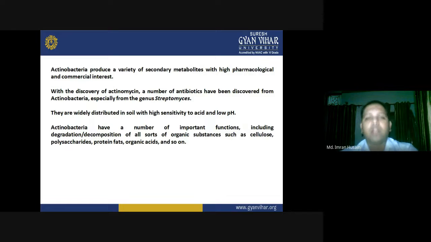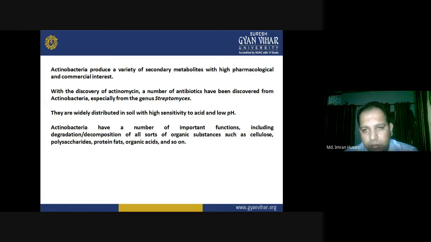So, given that scenario, we always need to secure some sort of new antibiotics that are very new to the pathogens, because pathogens will not be able to transform themselves into resistant species at a very fast pace.